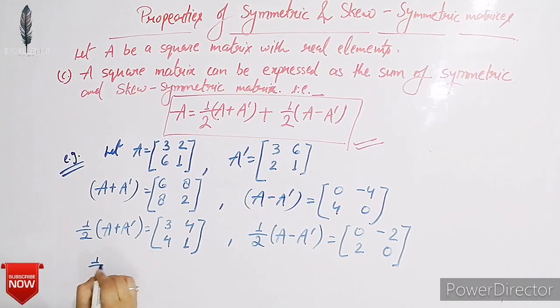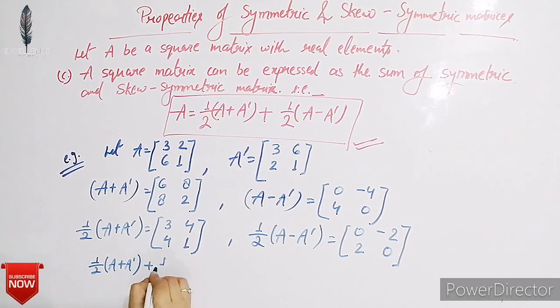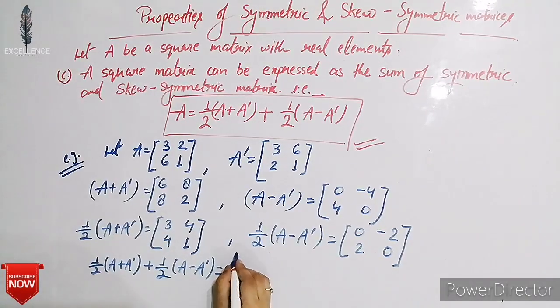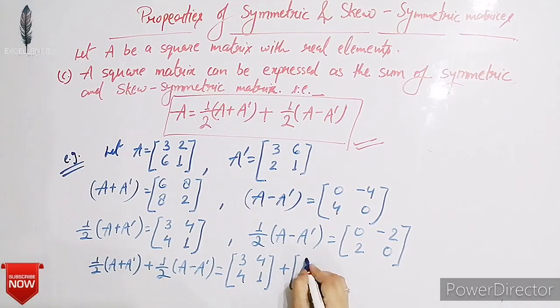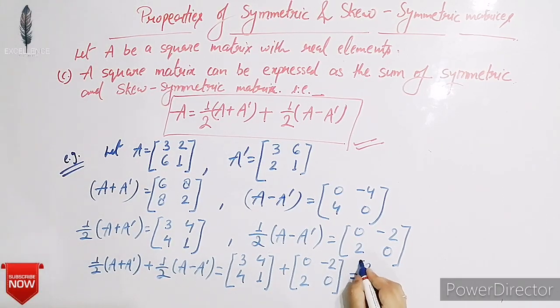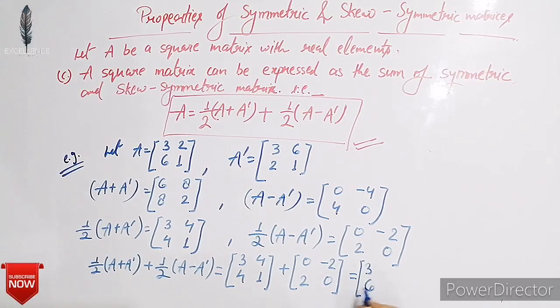Now from the property, half of A plus A dash plus half of A minus A dash, putting all the values, half of A plus A dash is 3, 4, 4, 1 and half of A minus A dash is 0, minus 2, 2, 0. Now on adding the corresponding elements, we have 3 plus 0, 3, 4 plus minus 2, 2, 4 plus 2, 6, 1 plus 0, 1.